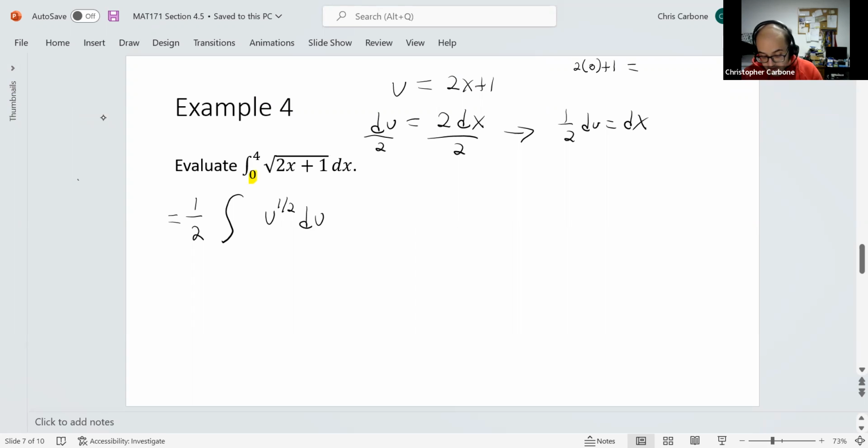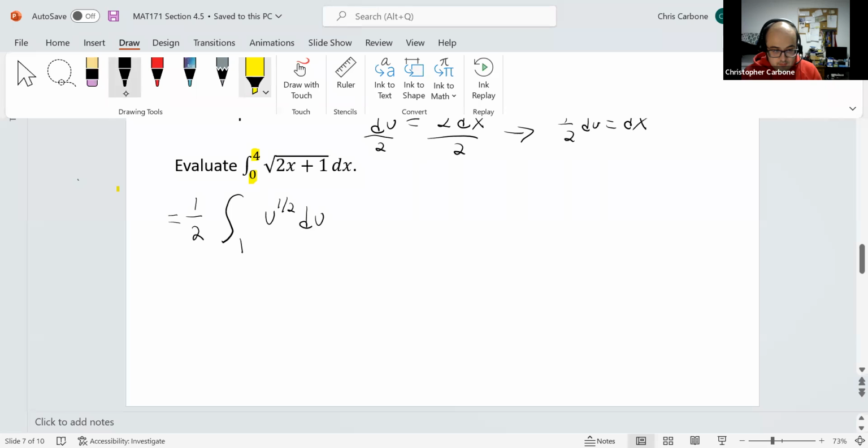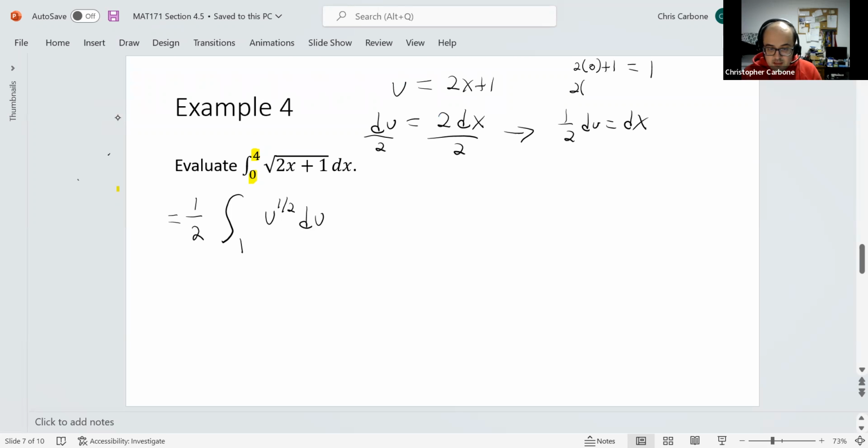So the value we're going to use for the lower end of this integration is the value of 1. Likewise, for this value of 4, this would be 2 times 4 plus 1. And that gives us a value of 9 for the upper limit of our integration. So this is 1/2 times the integral from 1 to 9 of u to the 1/2 du.